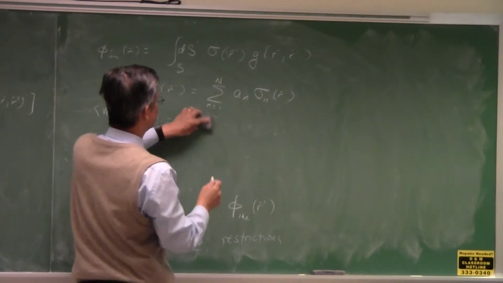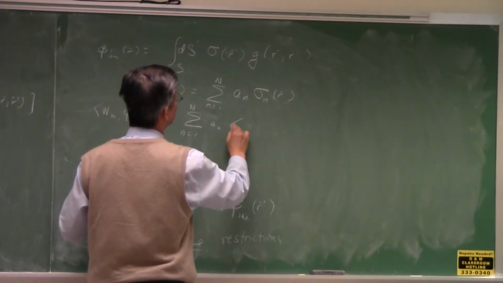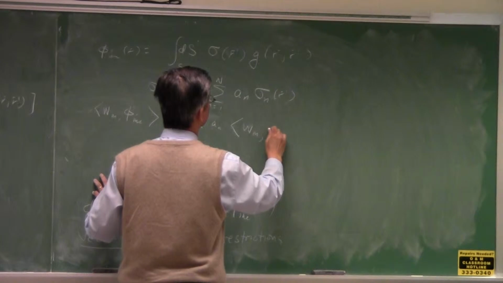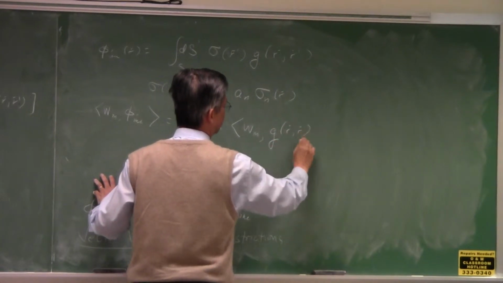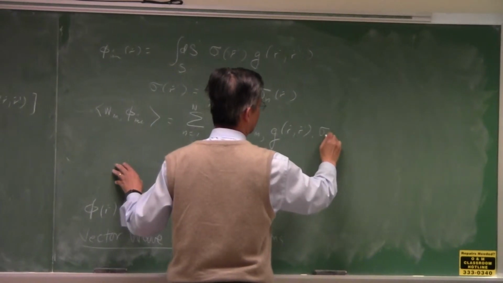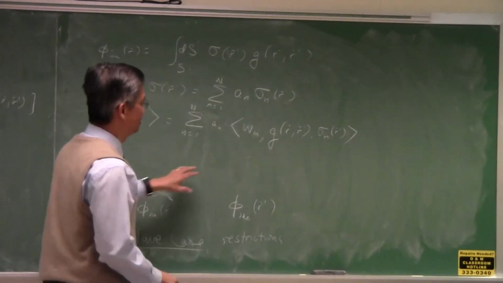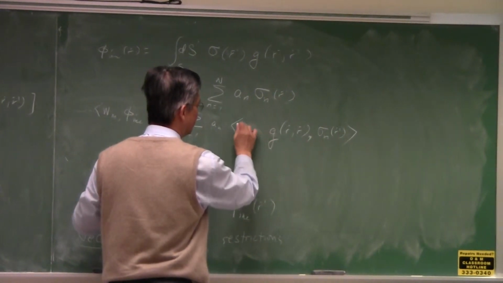Sum n is 1 to N, a n, w n, g r prime, sigma n. Okay, you get this. And this means an integral. Whenever I put a comma, I mean an integral.